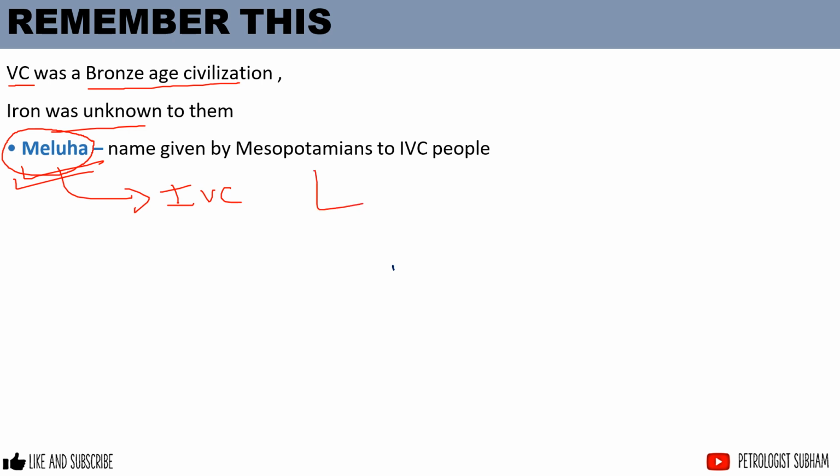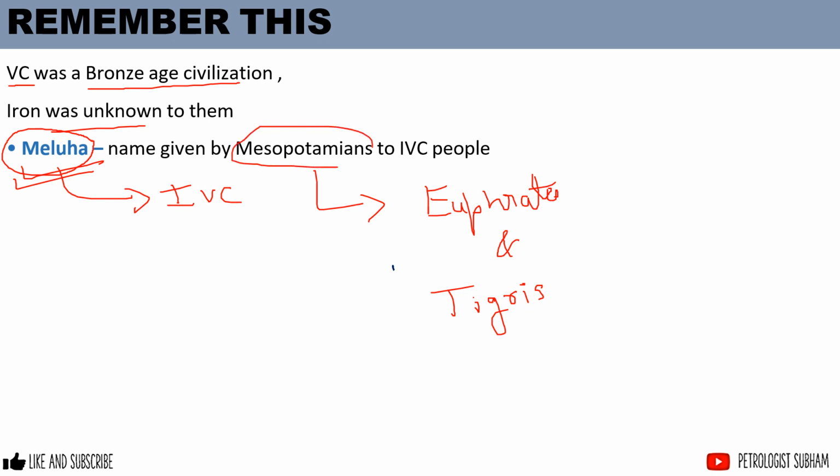Mesopotamia was located on the banks of two famous rivers, the Euphrates and the Tigris. These are the two important rivers along whose banks the evidence of the Mesopotamian civilization has been found.